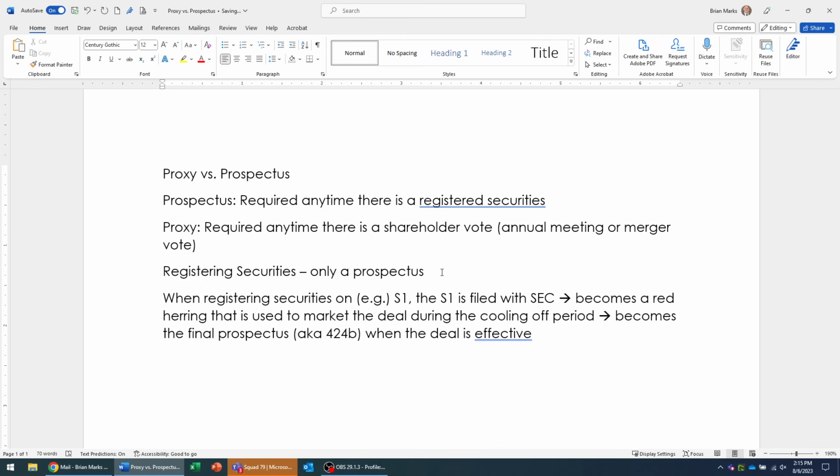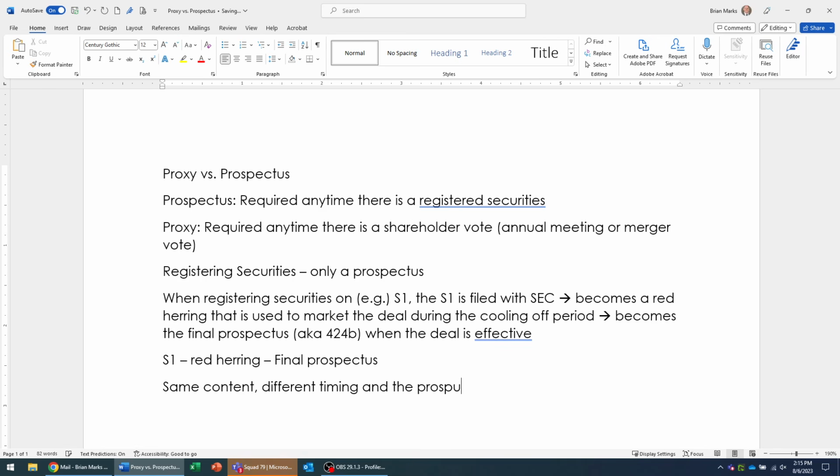So again, people always ask, Brian, what's the difference between an S1 versus a red herring versus a final prospectus? Same content, different timing.